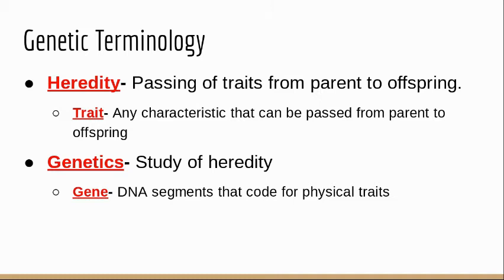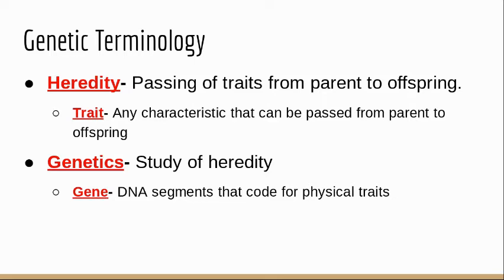Genetics is the overarching subject in biology we're talking about, and it is defined as the study of heredity. So we're just studying how these traits are passed down from parent to offspring. As a reminder, because last semester we did start talking about DNA a lot, we did talk about genes, I just wanted to remind you that those long strands of DNA code for absolutely every single thing your body needs to survive.